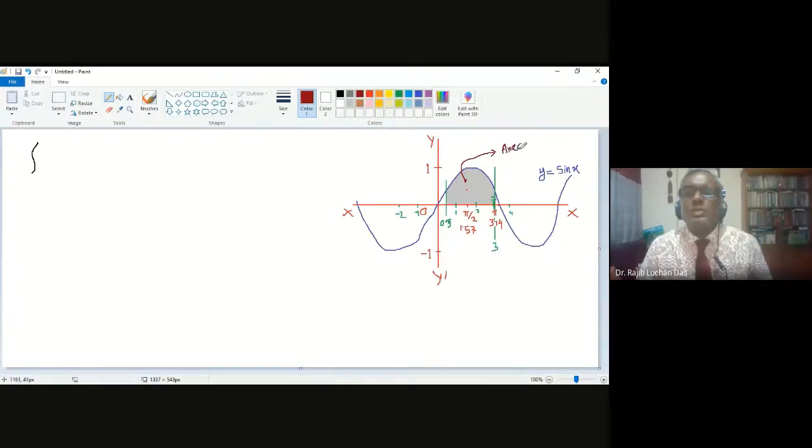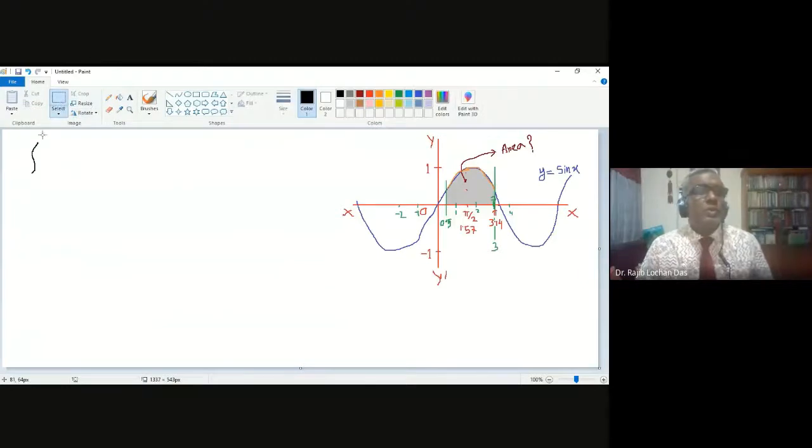This is the task you will do. And if I also ask what will be the length of the graph here, that is the arc length. So this part is the arc length. Let us do one by one. Let us do the area first.